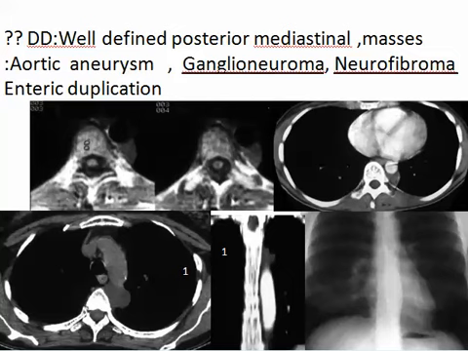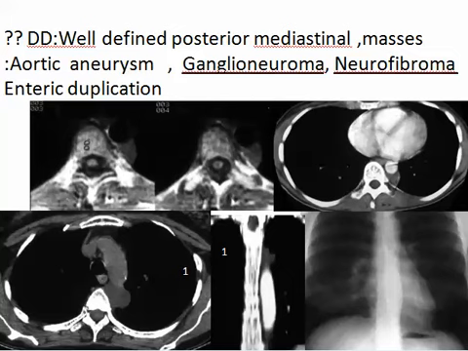A well-defined posterior mediastinal mass is seen again in the chest PA as a well-defined paravertebral bulge with an intact spine, so we can exclude Pott's disease. The differential of a well-defined posterior mediastinal mass could be aortic aneurysm if it is aortic, but here it is not aortic.